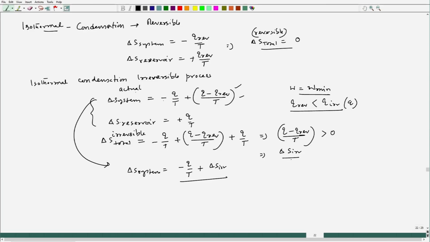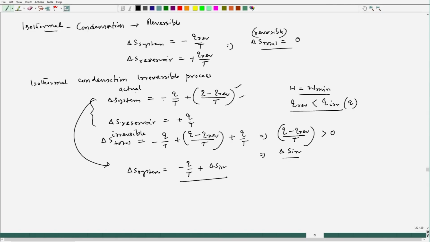The more the entropy creation, the higher the value of del S irreversible, and the higher would be the loss of work. The maximum possible loss of work would be when, with W max or W minimum, the entire work is lost, then we will have the maximum entropy change.